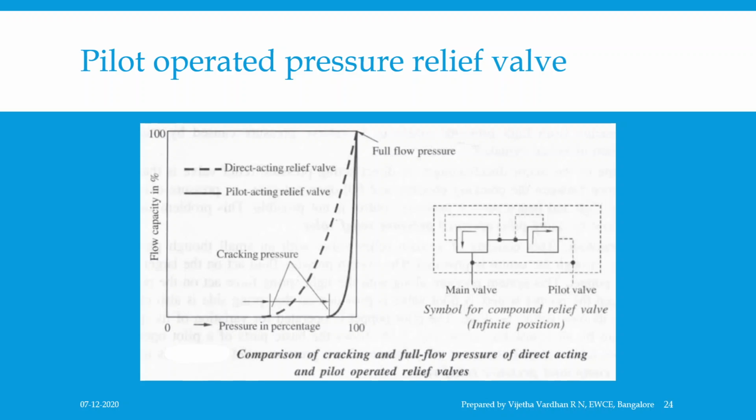Now this shows the characteristics of direct acting and pilot operated relief valves. Upon applications, the pilot operated relief valves are best suited for high pressure, high volume systems. Even though the response is very slow compared to direct acting, they maintain more stable pressure while relieving.